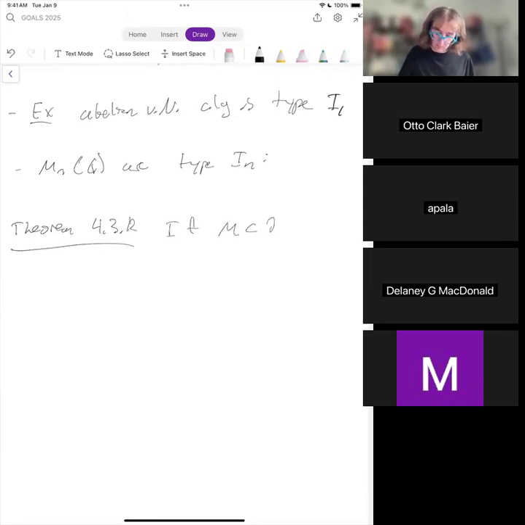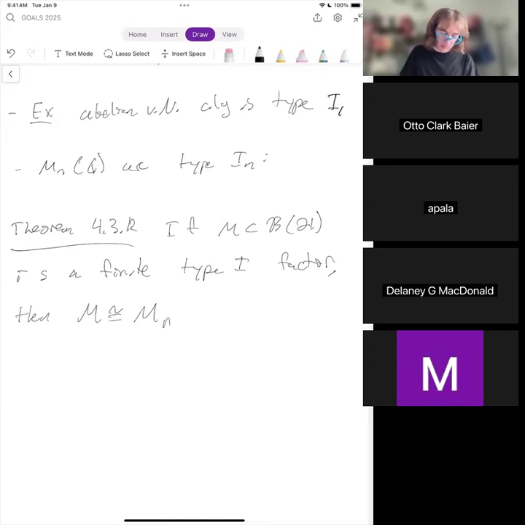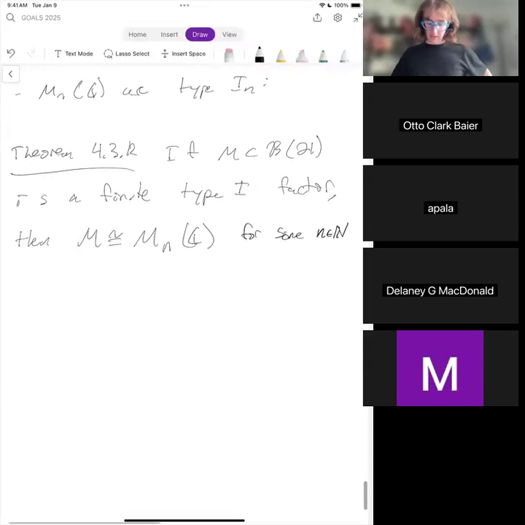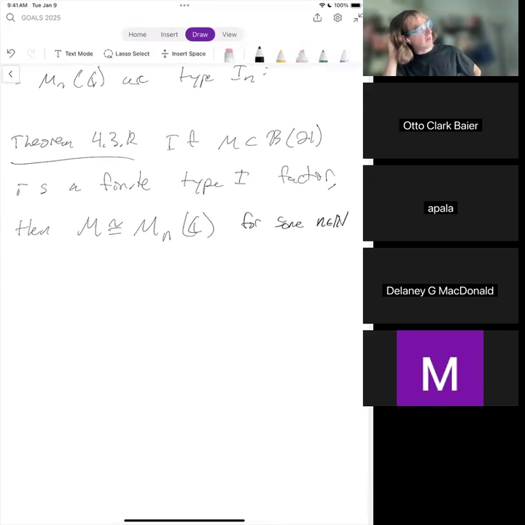That if M is a finite type 1 factor, restricting ourselves to factors, then M is isomorphic to Mn, the square matrices over the complex numbers.